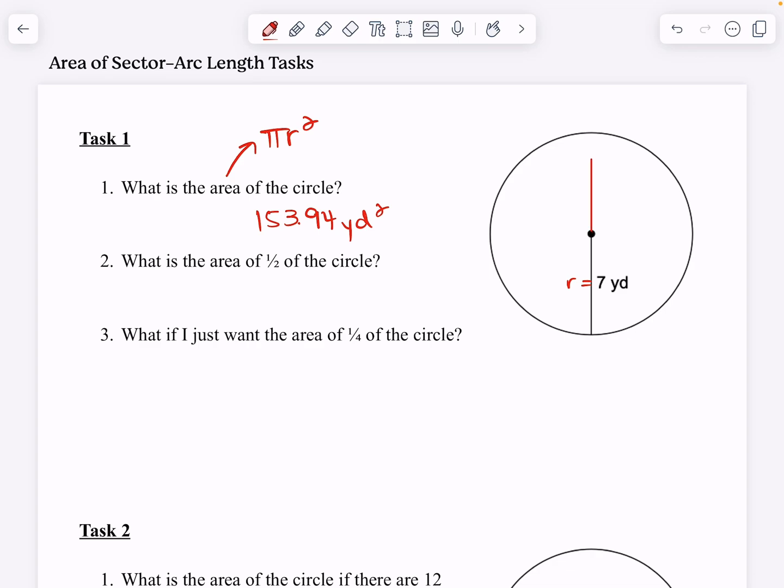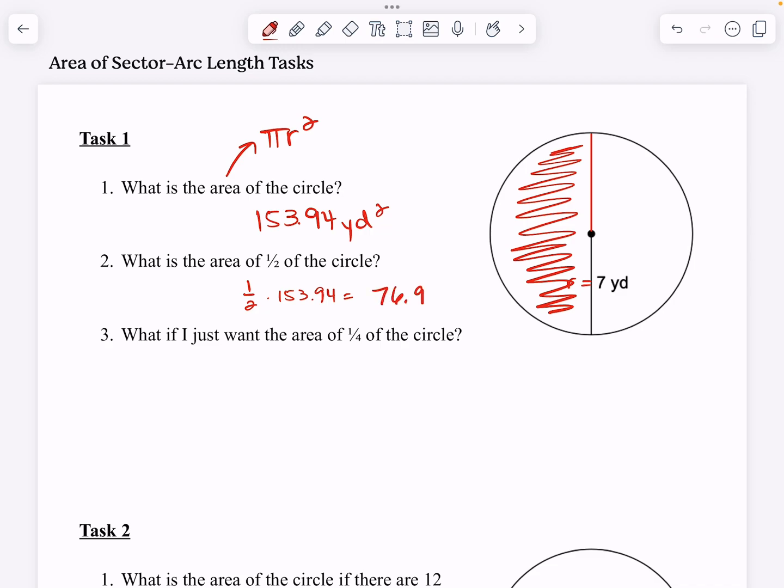If we were asked about the area of half a circle, that's a sector. This is a sector right here because it's a part. So if I wanted half the sector, I would just take 1/2 of 153.94. And once I do that, I would have that the area is 76.97 yards squared.